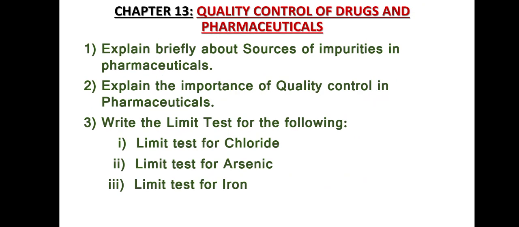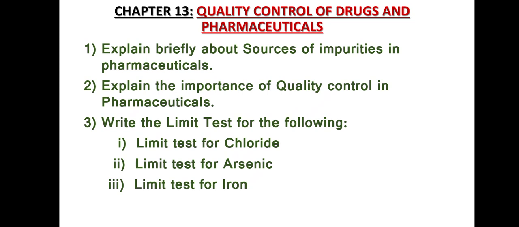Coming to chapter 13, that is quality control of drugs and pharmaceuticals. There are 3 important questions. We can see one by one. First question, explain briefly about sources of impurities in pharmaceuticals. Second question, explain the importance of quality control in pharmaceuticals.